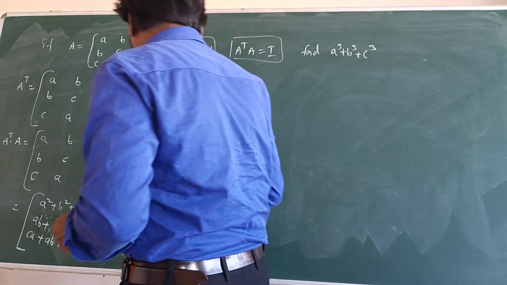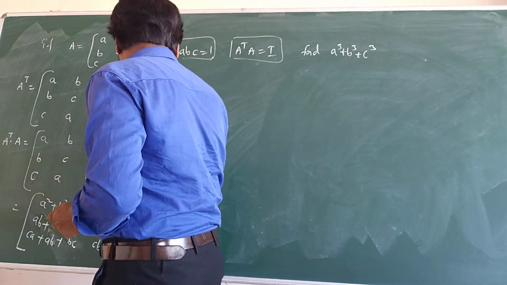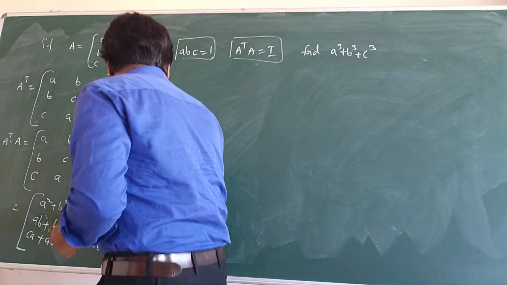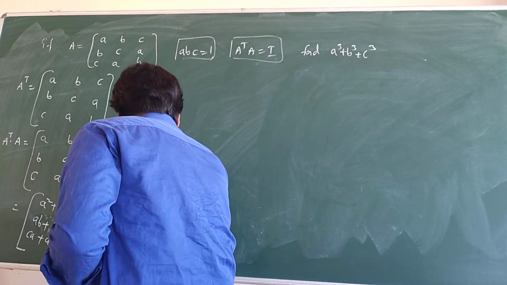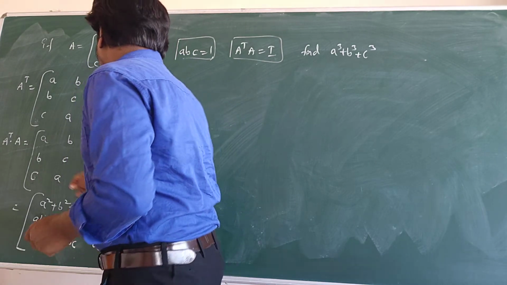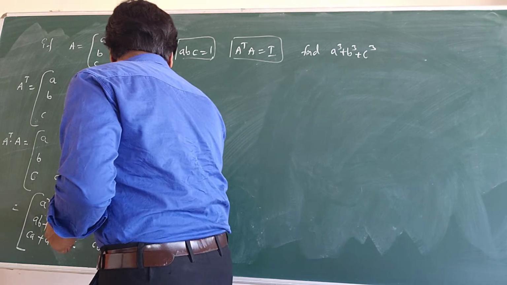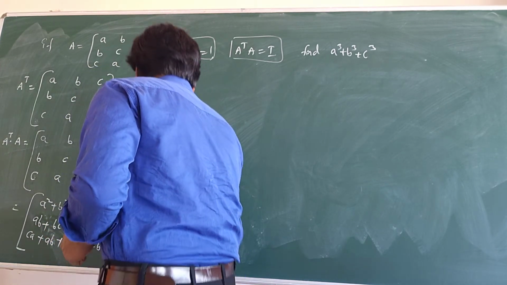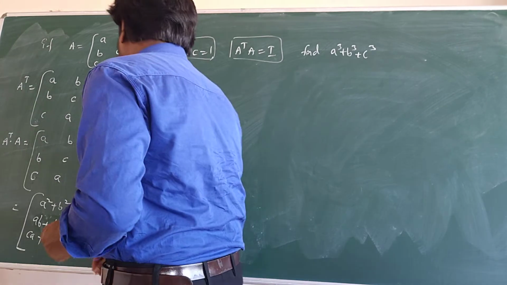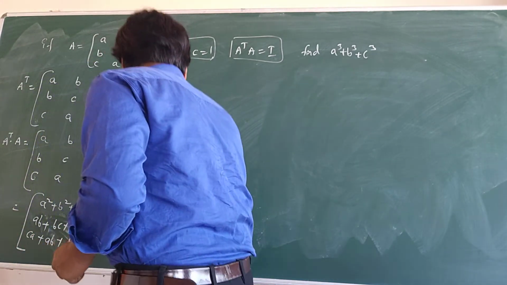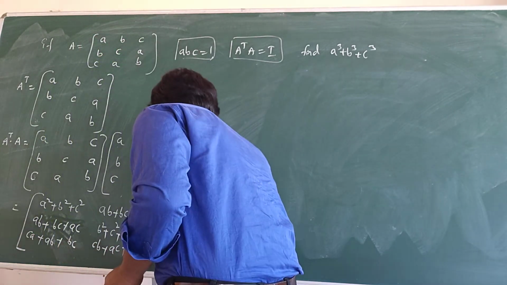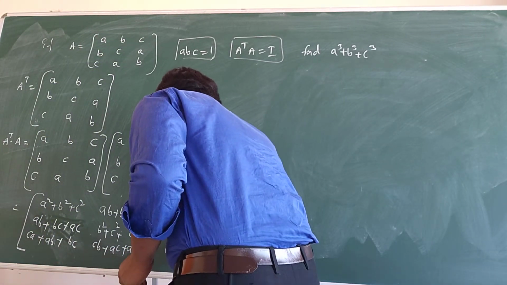After this, third one: A into C, AC, A into B, AB, C into B, CB, B into C, BC, C into A, and A into B. Next, C into C, C square, A into A, A square, B into B, B square.